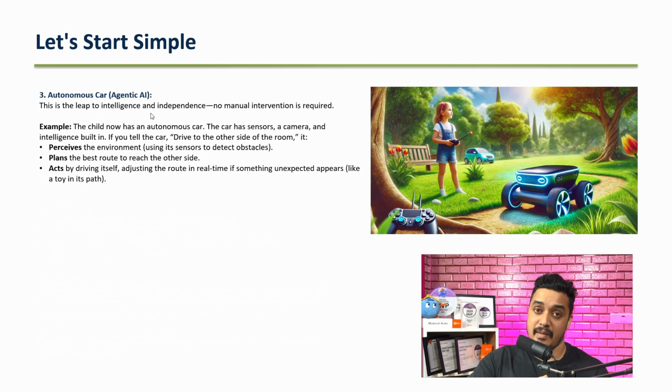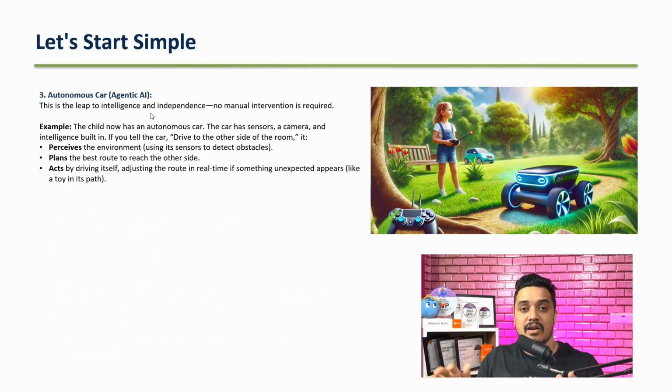The car has cameras, the car has sensors, it has some intelligence built inside. Now you can just tell the car, drive to the other side of the room, drive forward, drive backward, and it understands the instruction and follows it. Because the car has sensors and a camera, it can perceive the environment, and that is an important characteristic, right?